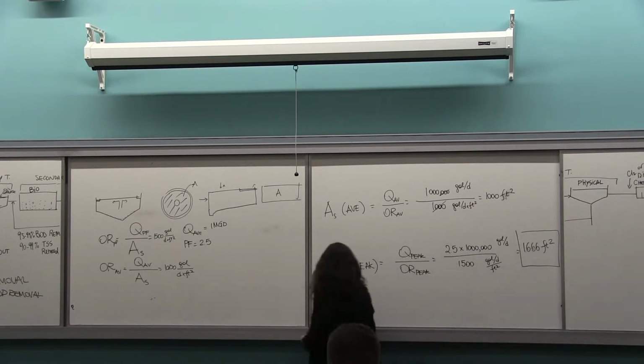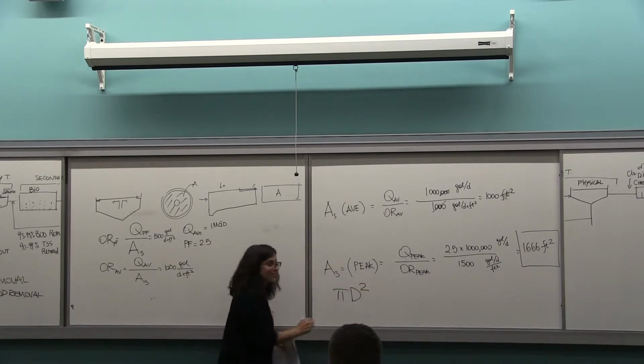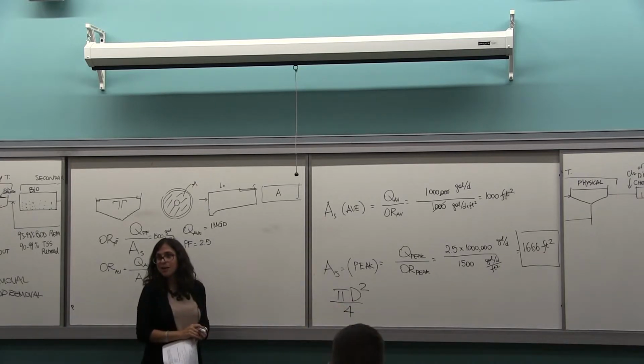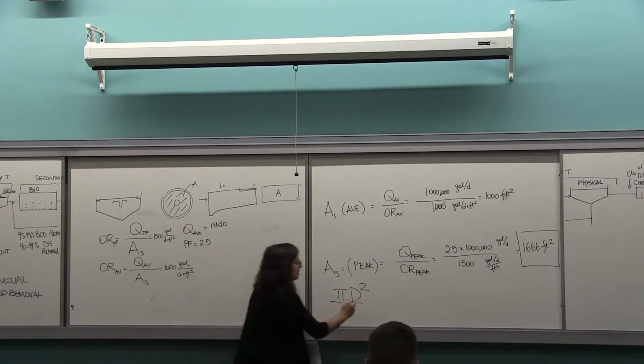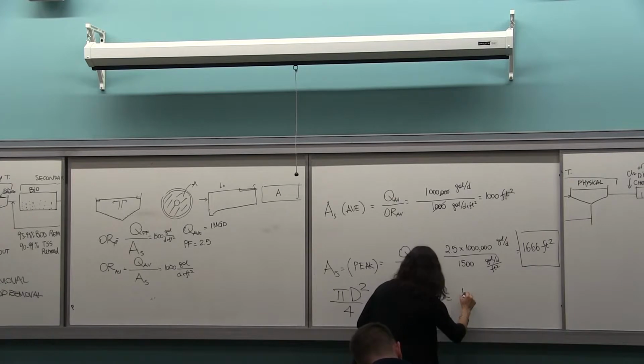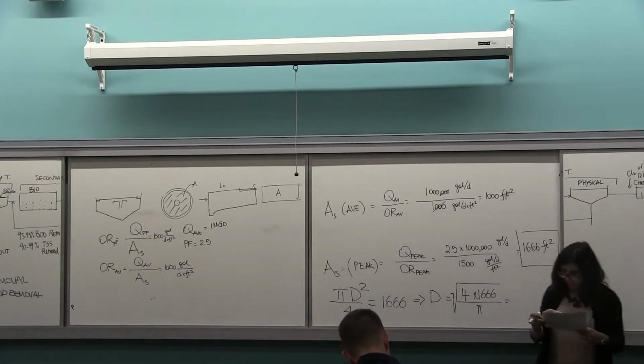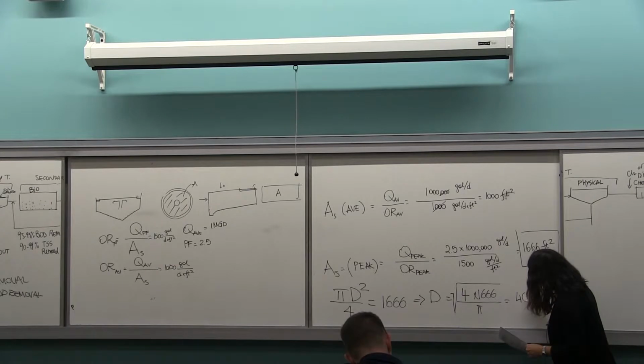So that it's pi D squared over 4. That's my area of the clarifier, right? And it should come to 46 feet.